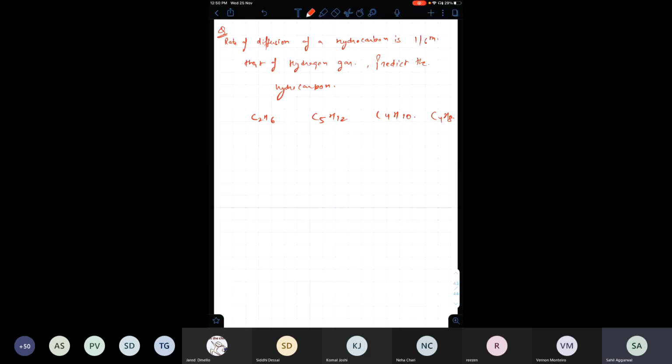Rate of hydrogen by rate of hydrocarbon equals square root of mass of hydrocarbon by mass of hydrogen. So this will be x by 6... this we do not know.